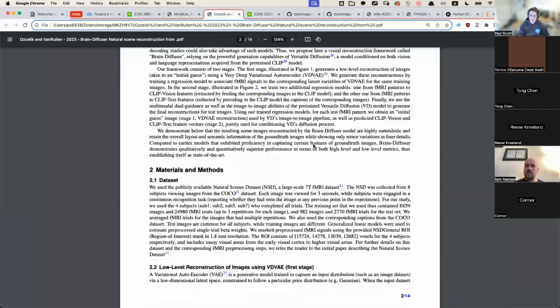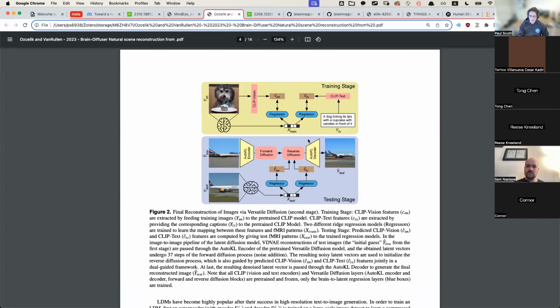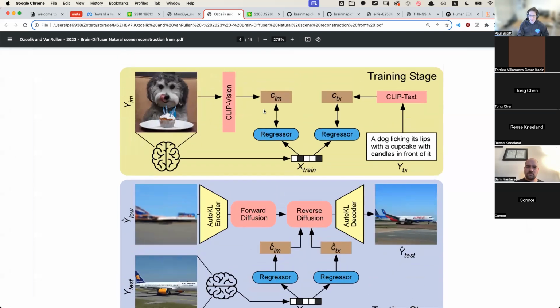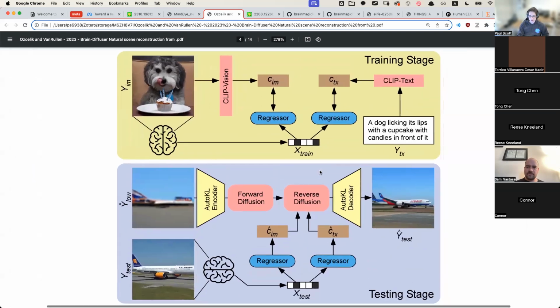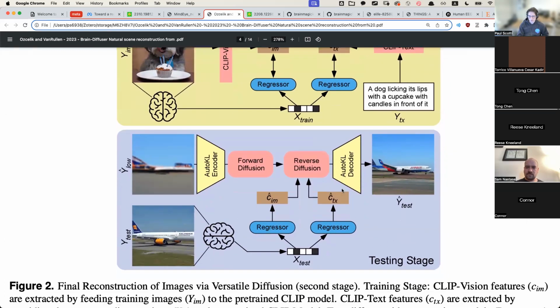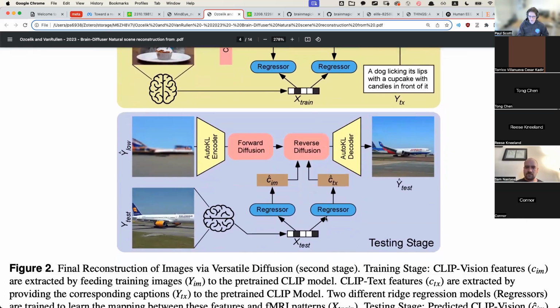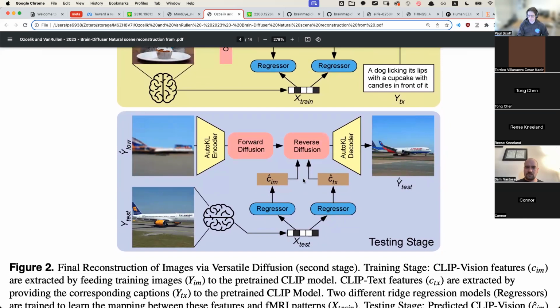The way that they do it in Verslick and Van Rullen is they map to the AutoKL, the space of this VDVAE model, this pre-trained model. And the way that the VDVAE model works is that it does have some high level information already in these embeddings.